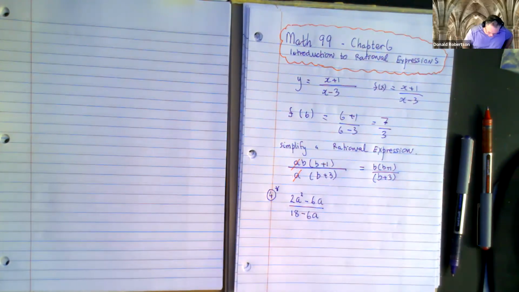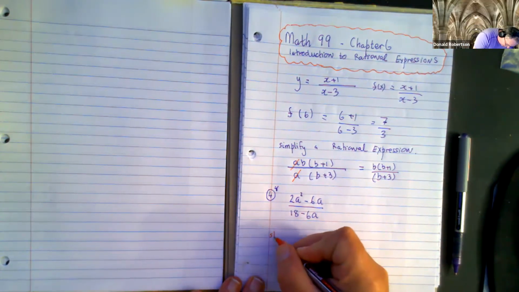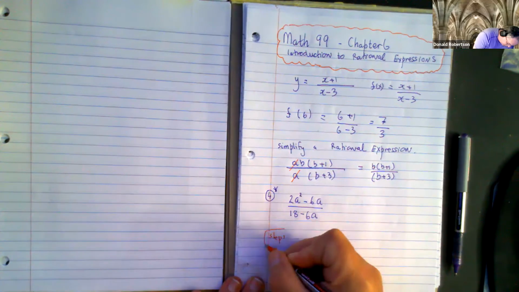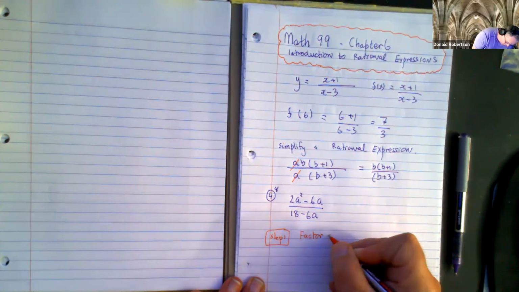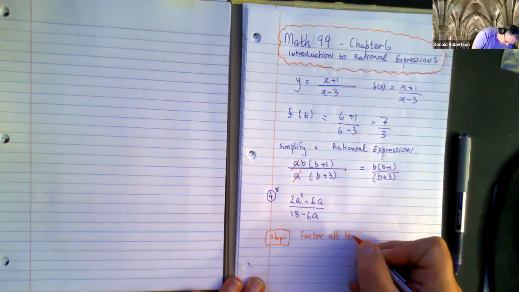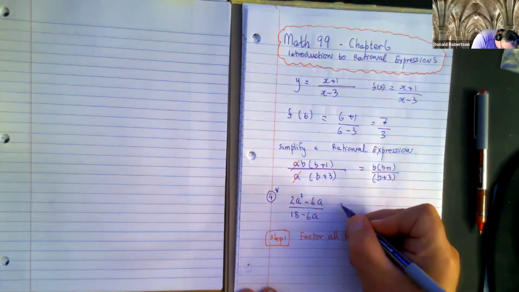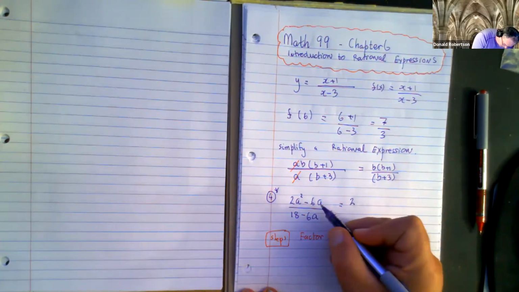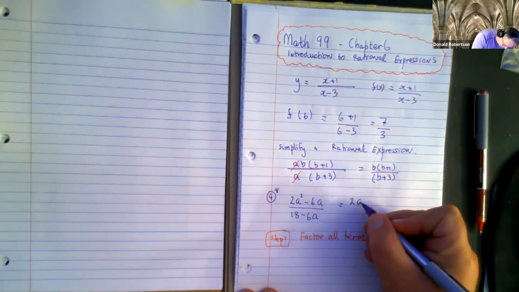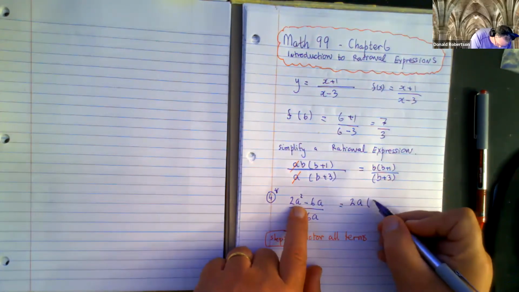The strategy that you're going to use for all these situations is the first thing you're going to do, step 1, is factor all terms. So factor the numerator and the denominator. So let's see what we get here. 6 and 2, there's a common factor of 2. A and a squared, there's a common factor of a.